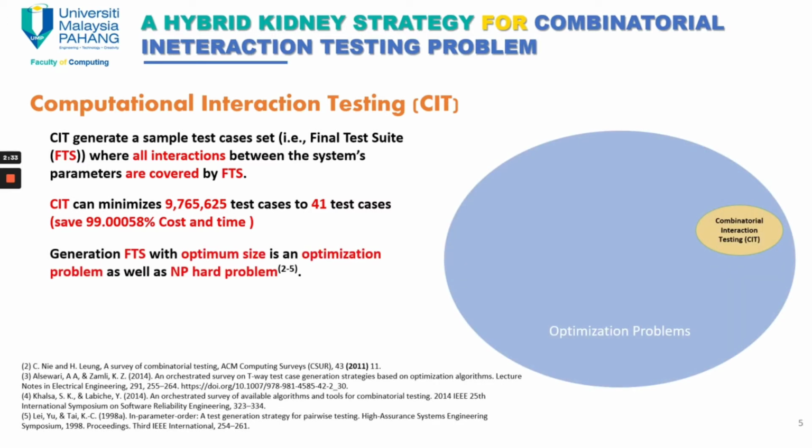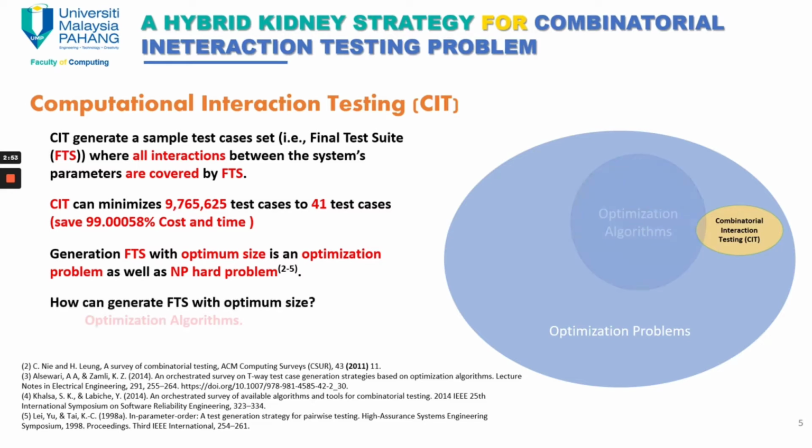Selecting the optimum test cases is an NP-hard problem, which is an optimization problem. From that, we introduce optimization algorithms. There are many combinatorial testing strategies on the market.